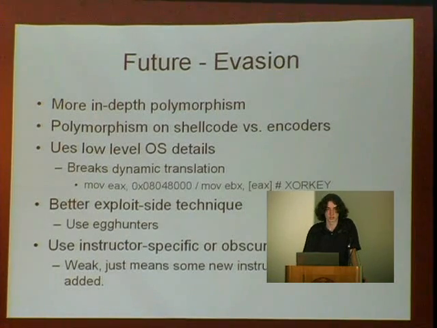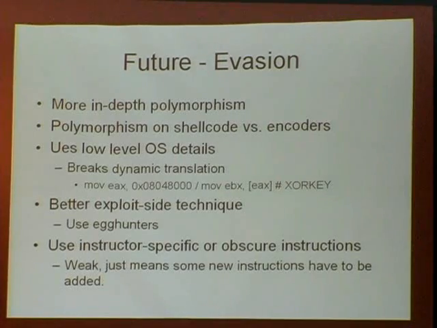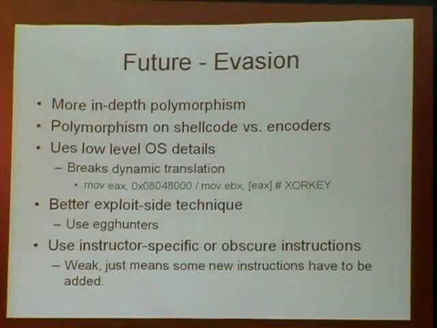They're not going to understand processor-specific instruction sets like 3DNow!, which is on AMDs but not Pentiums, or SSE2 or MMX or other uncommon processor-specific instruction sets. So this is a fairly weak approach. It can be pretty easily bypassed by just adding some new instructions. But if you're in a bind, this may be something to look at, by writing MMX polymorphic shellcode encoders.